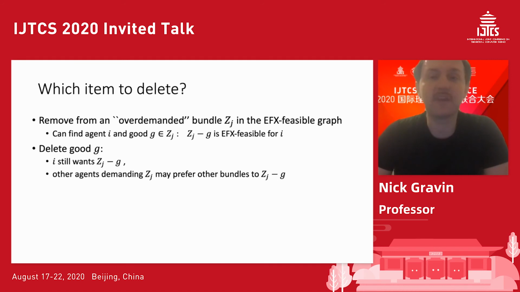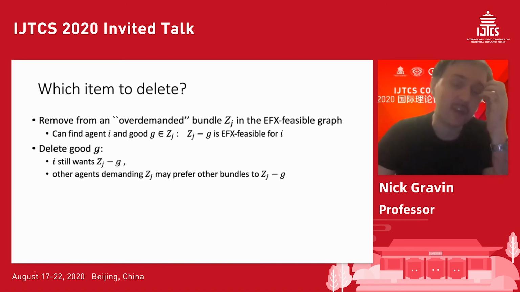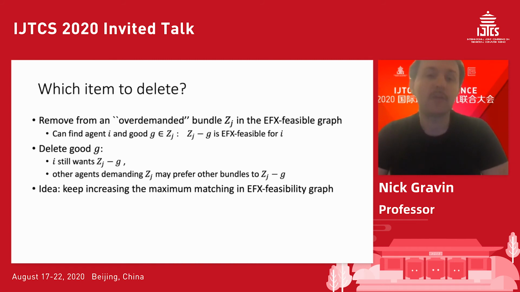In this way, we delete an item and hopefully turn this over-demand from this bundle to other bundles. So hopefully other agents will eventually switch to other bundles, and in this way we resolve over-demands and hopefully assign more and more people to the bundles. Specifically, we maintain a semi-invariant.